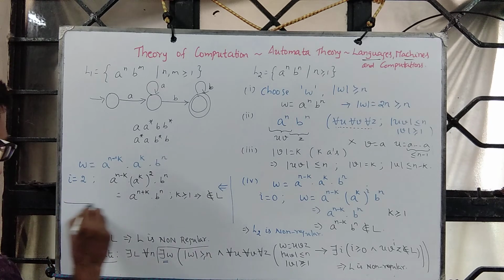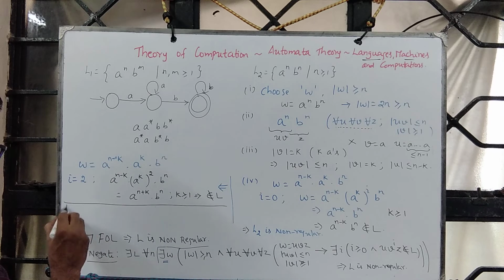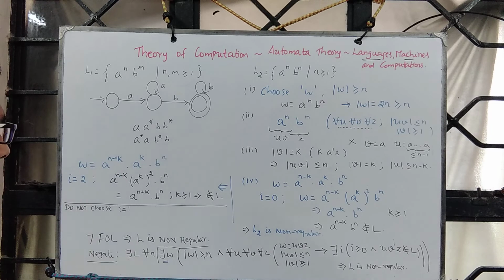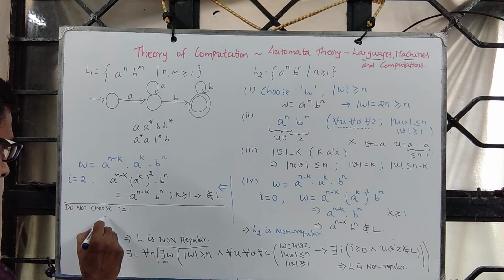Okay. So do not choose i equals 1. If you choose i equals 1, what will happen? You will not get a contradiction.